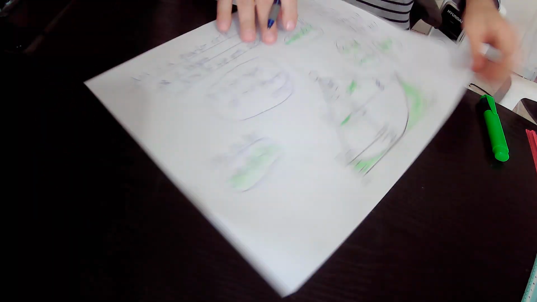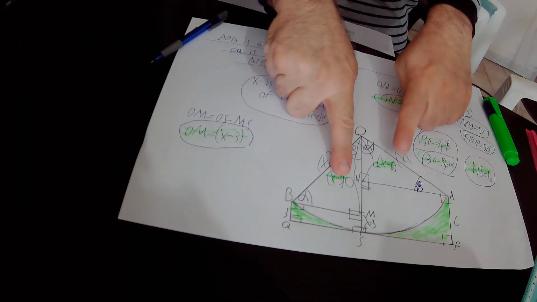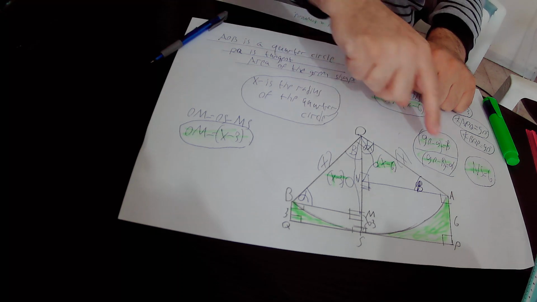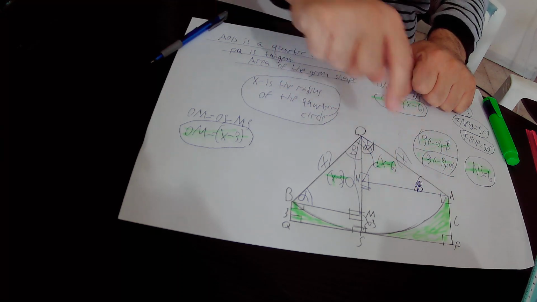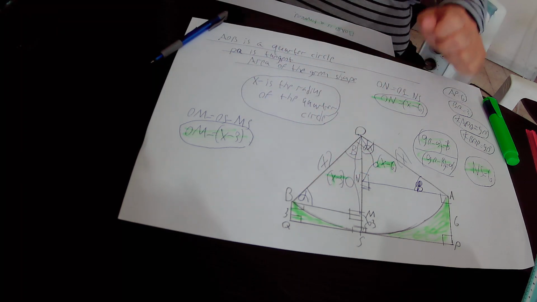So in the next step, we'll prove that those two right triangles can go into each other. That is to say, the right triangle OAN is congruent to the right triangle OMB. So write it down.